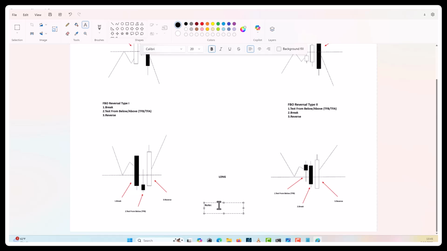So know that the failed breakout reversal type 1 happens in a reversal, and the failed breakout reversal type 2 is mainly a continuation.